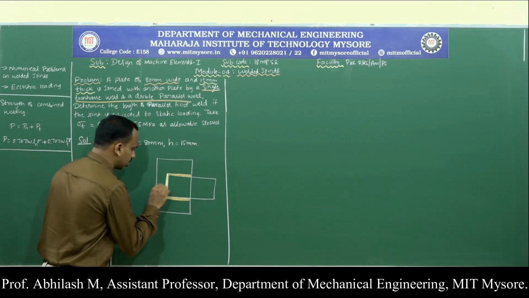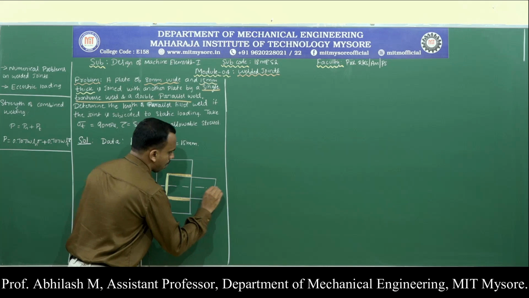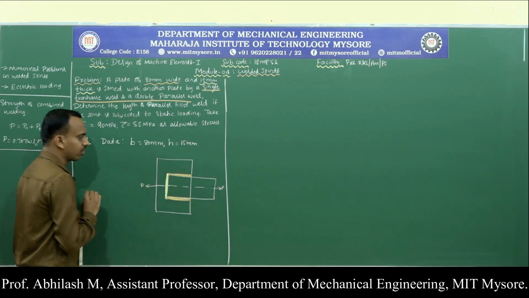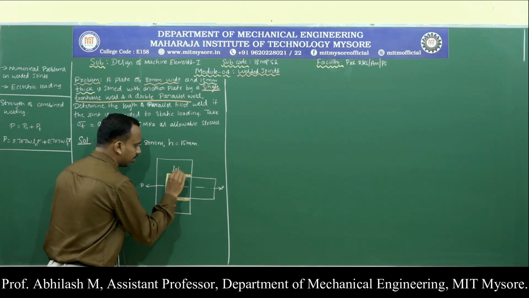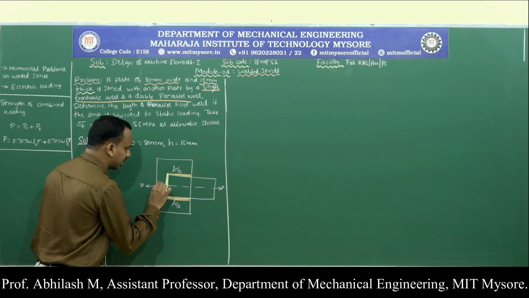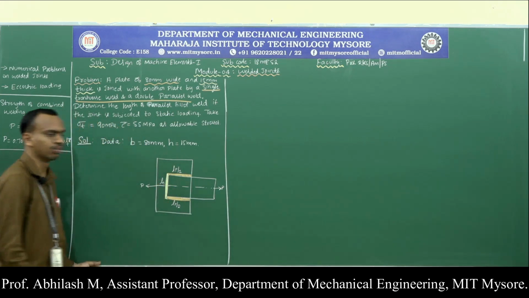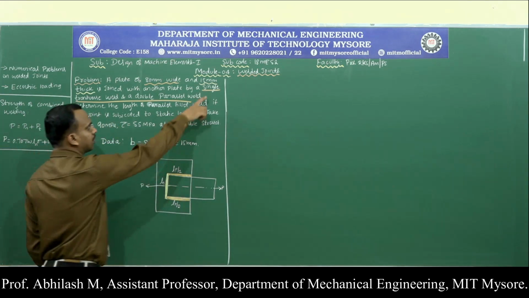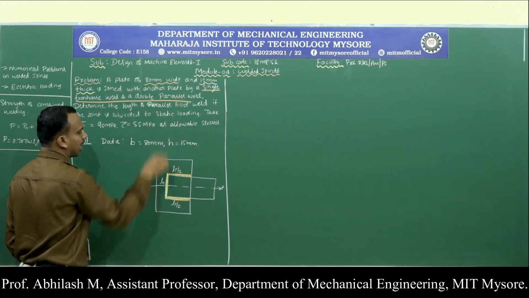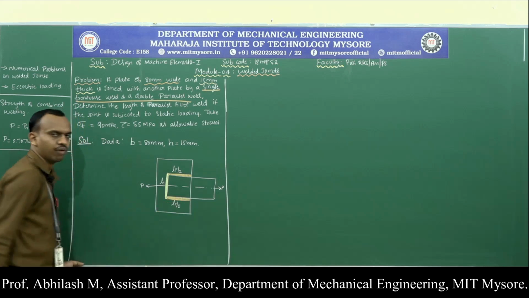Here is the axis subjected to the load P. This length will be the length of the parallel weld that we are supposed to calculate, and this length will be the length of the normal weld. So here they are clearly specifying it's a single transverse and a double parallel weld.